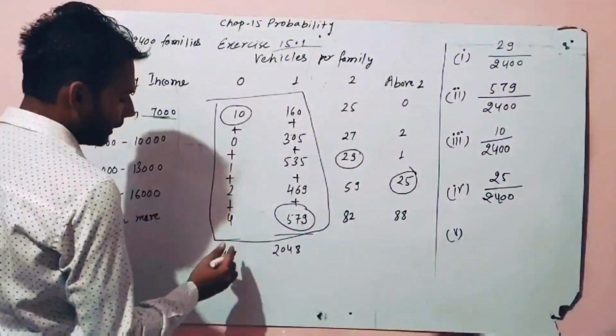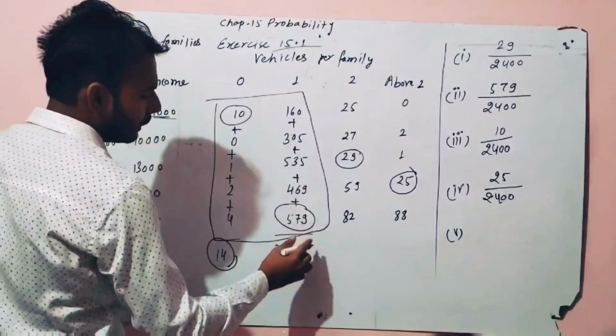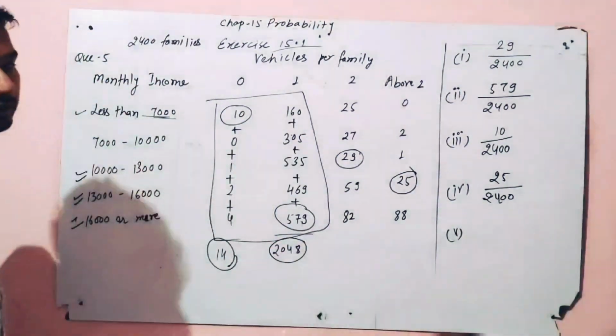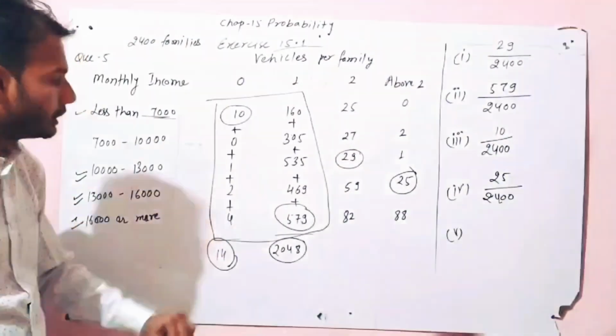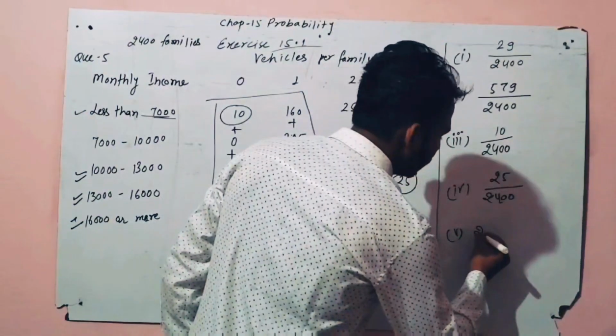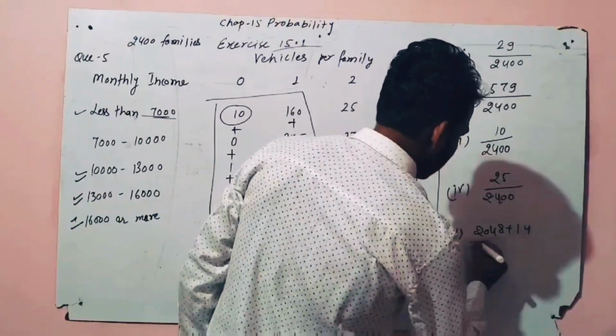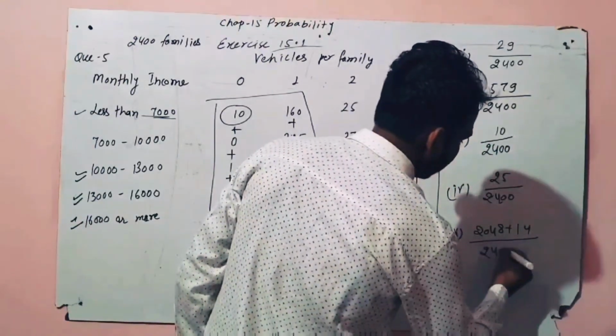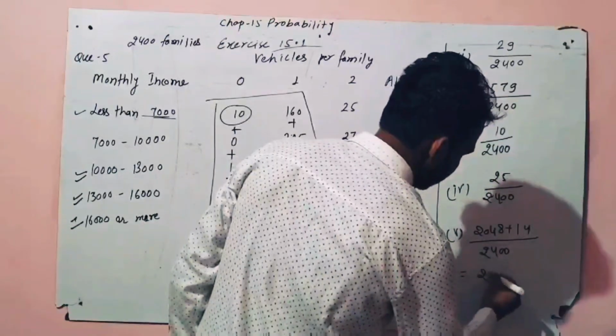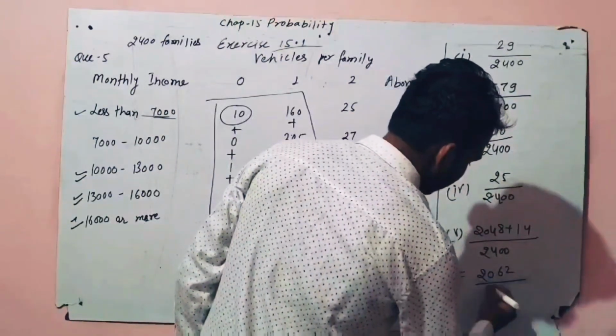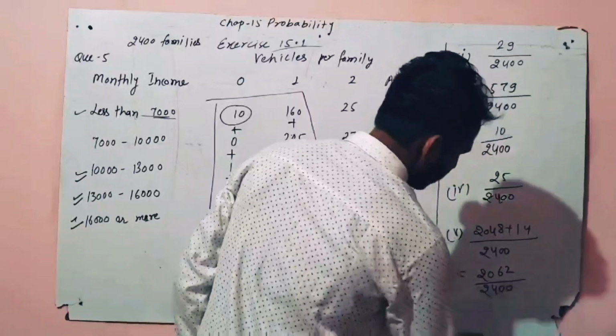You will add these, you will get 14 and 2048. So in total we have this many families. So we'll write 2048 plus 14 upon 2,400. So you will get the answer 2062 upon 2,400.